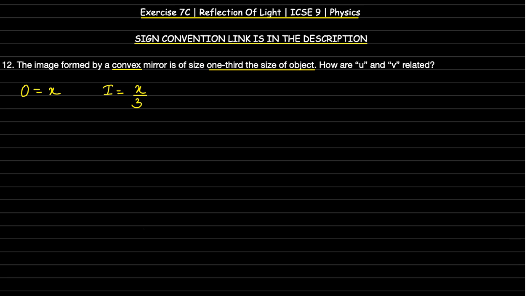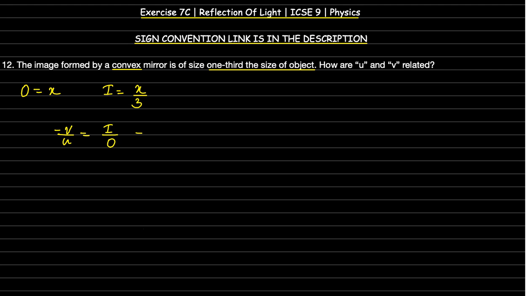So we know the magnification formula, that is M is equal to minus V divided by U is equal to I divided by O. Now I do not need the magnification as such, so I can erase the magnification part. This is not required. So I'll be only dealing with this.